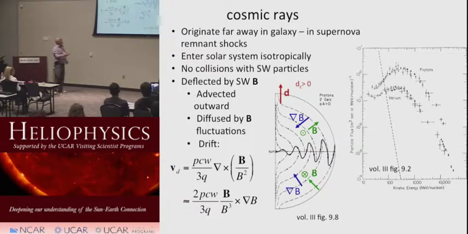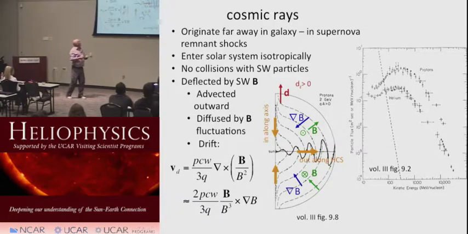Now, another reason for writing this vector thing this way is it's a curl of something. It has zero divergence. So the drifts of these particles aren't going to create or destroy any cosmic rays. So if particles are moving towards the equator, there actually must be a flow out along the equator, out along the heliospheric current sheet, and in along the poles.